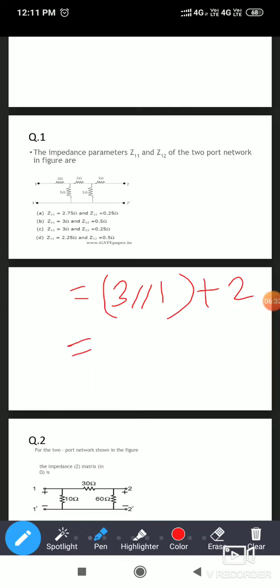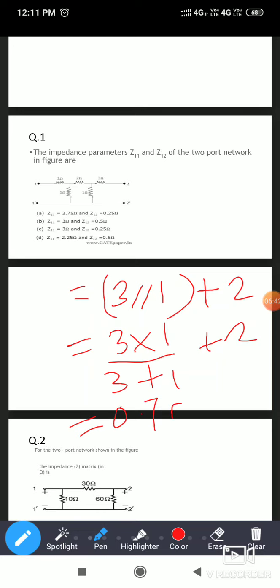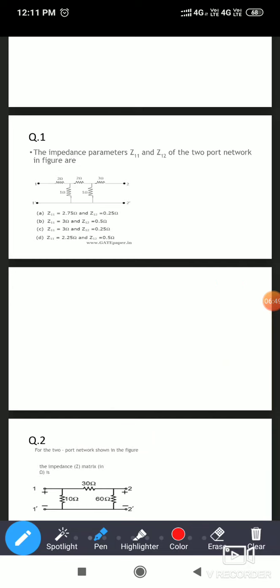So 3 parallel 1 means what? 3 into 1 divided by 3 plus 1, plus 2 as it is. So 3 divided by 4 gives 0.75, and this plus 2, so total it will be 2.75. So Z equivalent 1 will be 2.75 ohm.